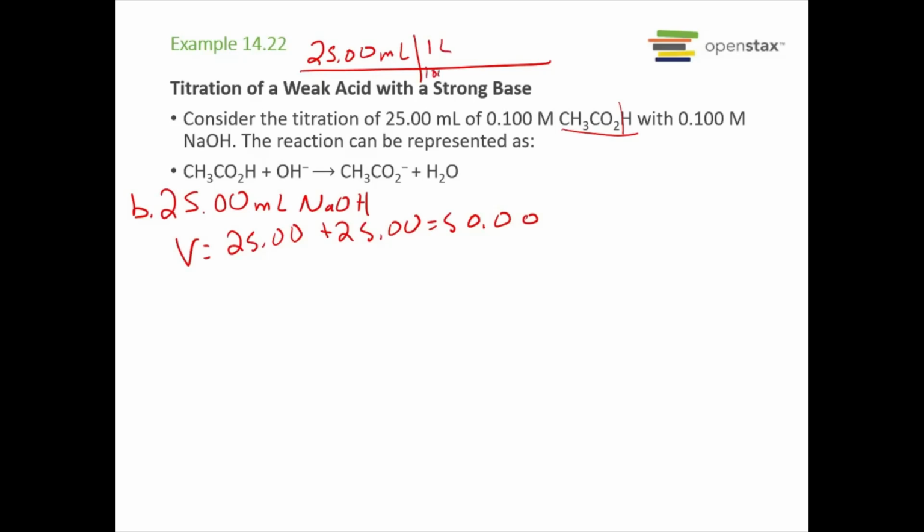So 1 liter per 1,000 milliliters. We have 0.100 moles of acetic acid for every 1 liter. And then we have 1 mole of acetate ion for every 1 mole of acetic acid.